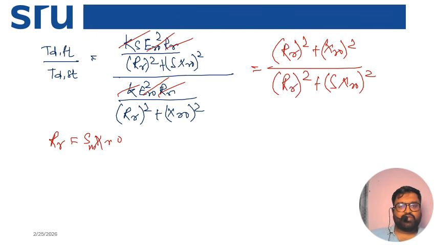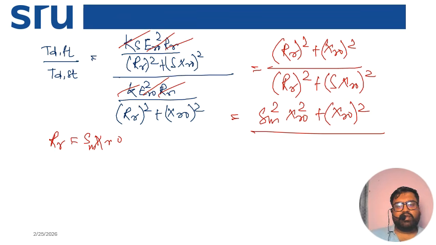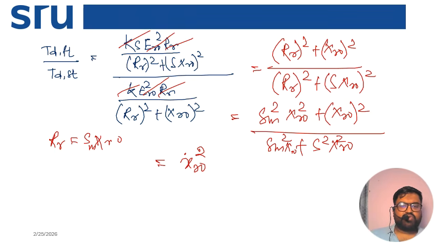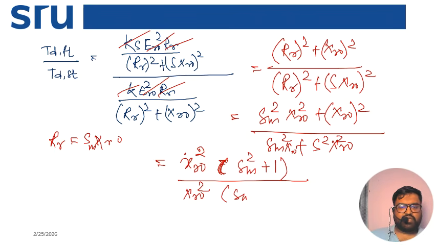Then it will come like SM square XR0 square plus XR0 whole square, divided by SM square XR0 square plus S square XR0 square. Now we can take XR0 whole square common. Then XR0 whole square into SM square plus 1, divided by XR0 whole square into SM square plus S square.